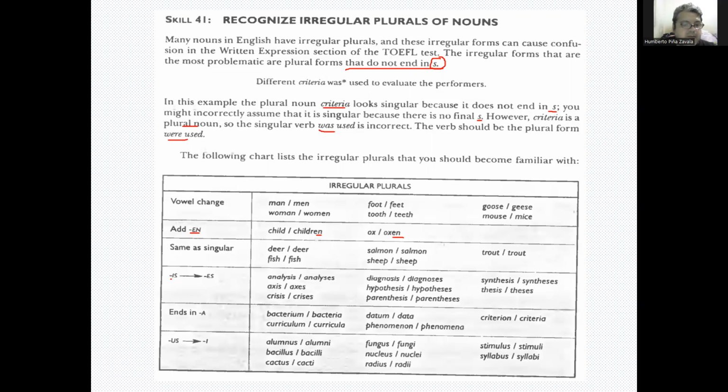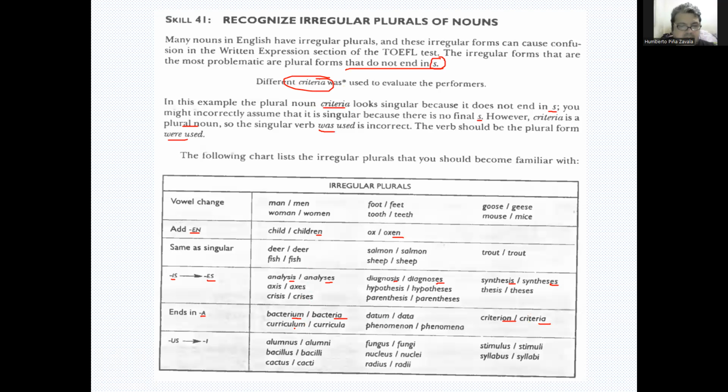We have these, probably is, which becomes es: analysis, singular, analyses, plural; diagnosis, singular, diagnoses, plural; synthesis, singular, syntheses, plural. Or the um and a, like bacterium, bacteria. I'll give you an example: different criterion, criteria is plural.